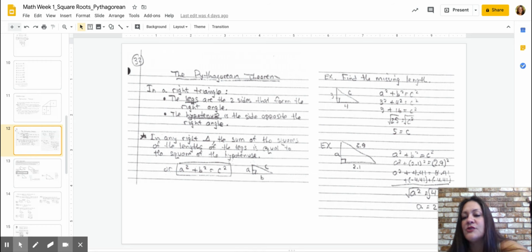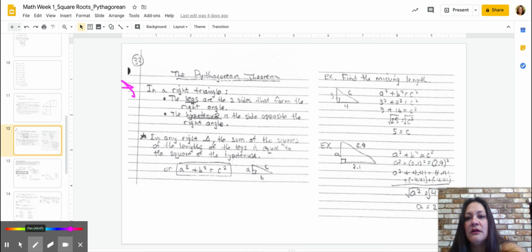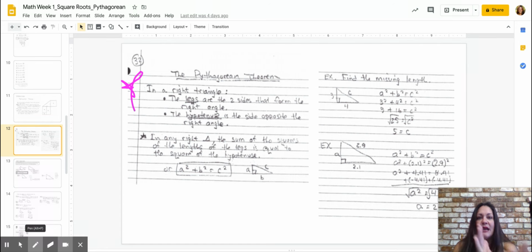In a right triangle, the legs are the two sides that form the right angle, which is the 90-degree angle, and the hypotenuse is the side that is opposite that. In any right triangle, the sum of the squares of the lengths of the legs is equal to the square of the hypotenuse. Of course, that is A squared plus B squared equals C squared.